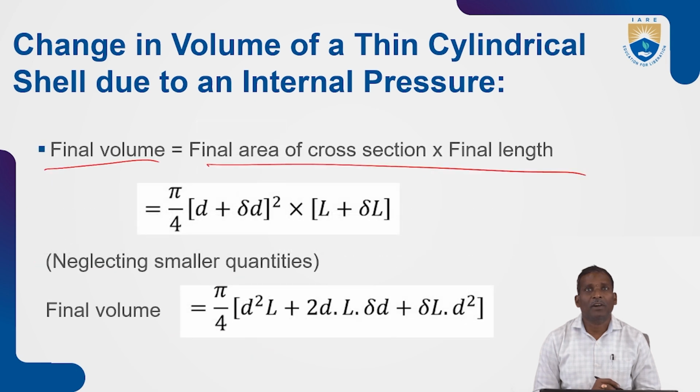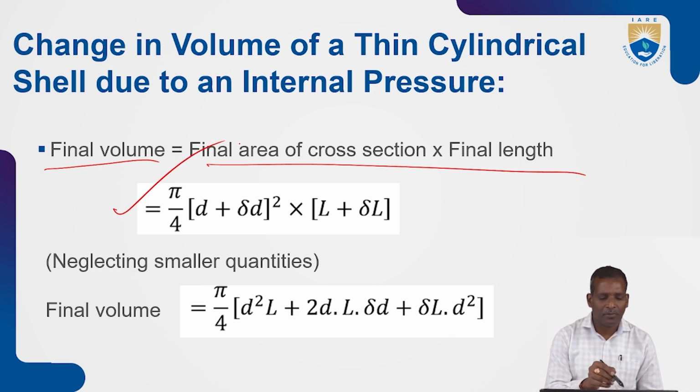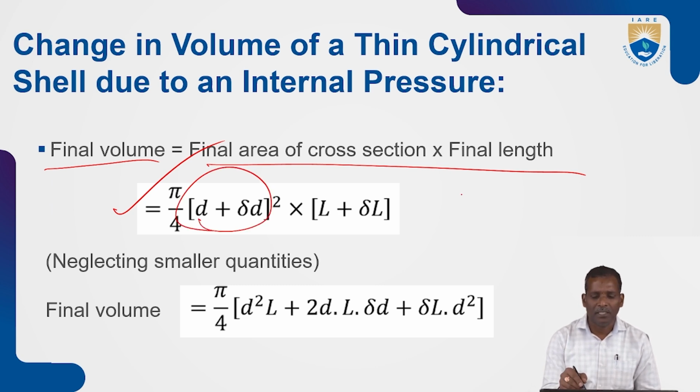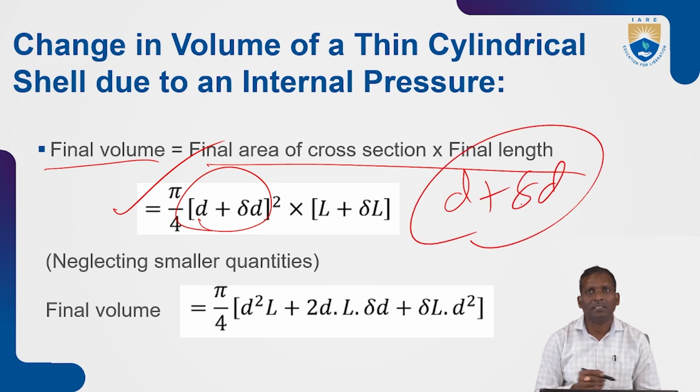Now the final volume is the final area of cross section after the changes in dimensions of the shell. The diameter increases and the length also increases. So the final area of cross section is pi by 4 into (d plus delta d) square. Previously it was only the diameter d, but now the diameter changes to d plus delta d.